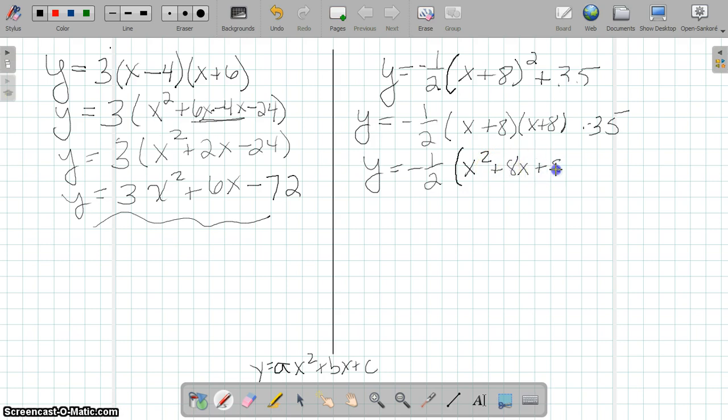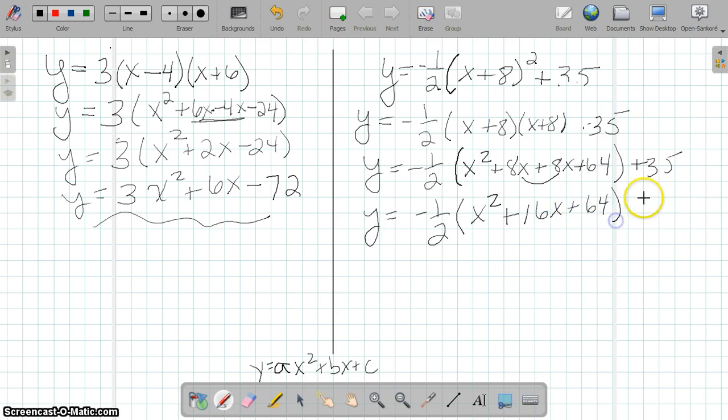Inner is also a plus 8x. And last is a plus 64. We still have our plus 35 out here on the end. Alright, next step. These can be combined. So we've got x squared plus 16x plus 64, still got the 35 hanging out there.